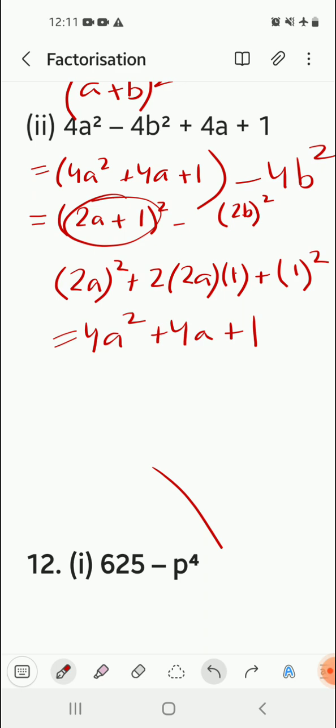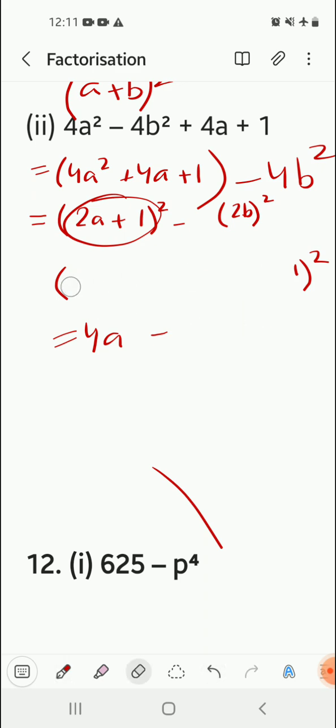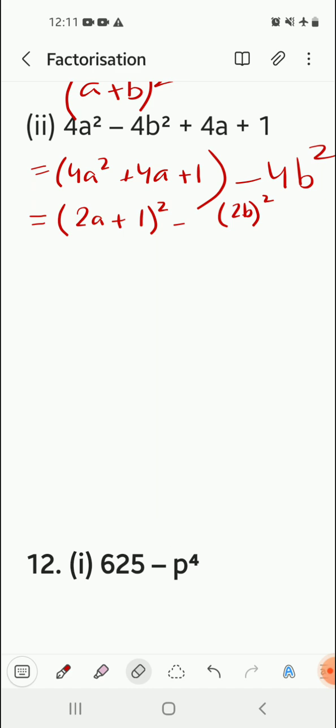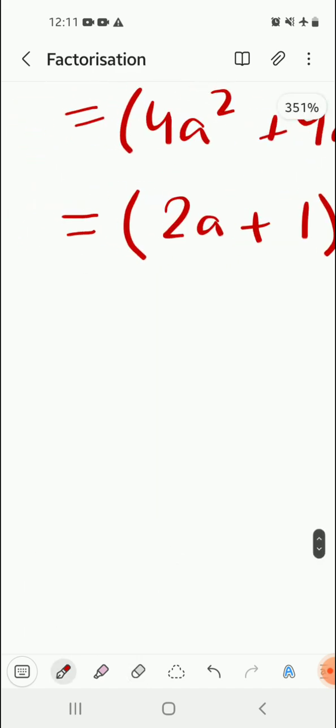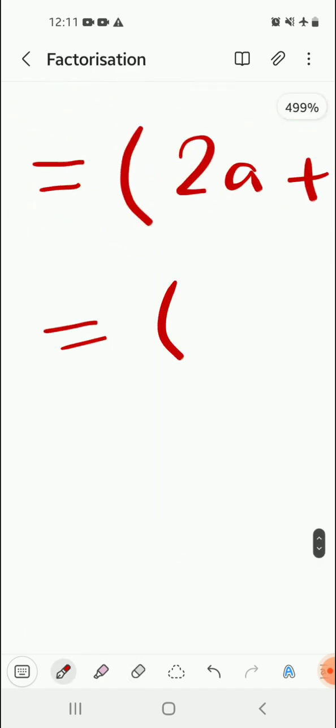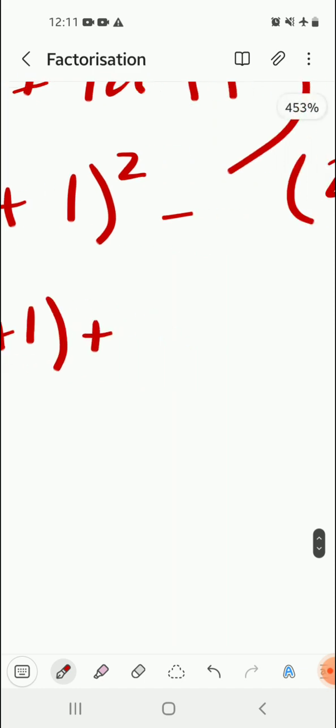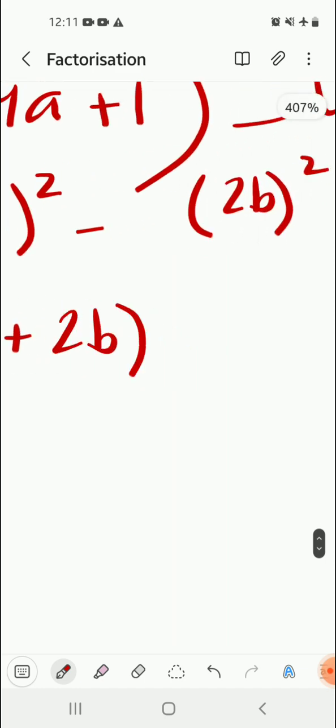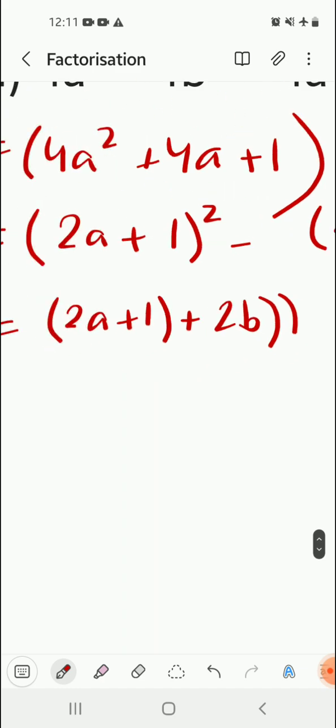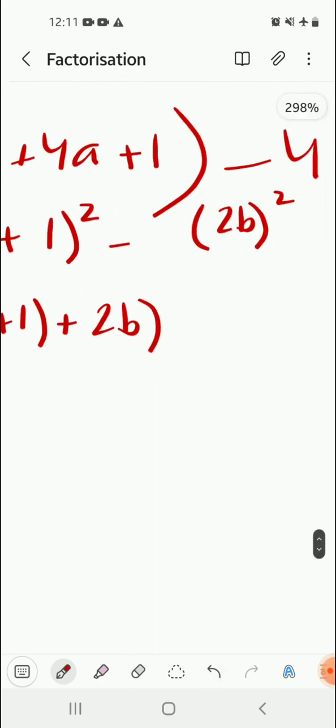So that is why we had written all of these things. Now, once you have got it, you're going to simply write it in this formula, that is a plus b into a minus b.